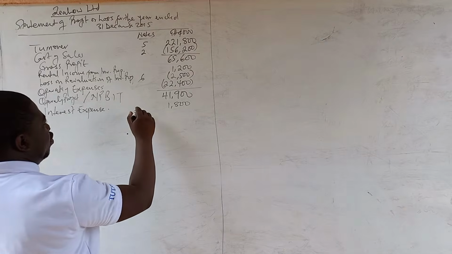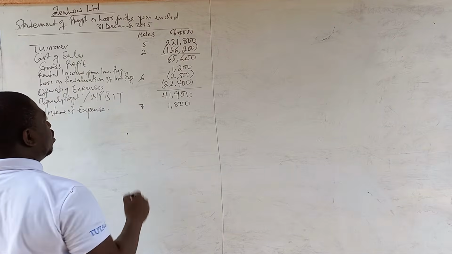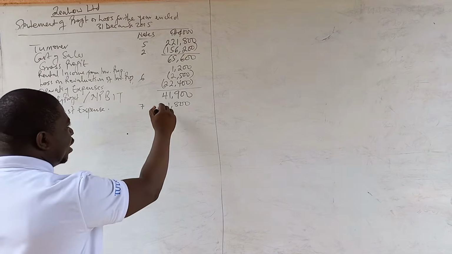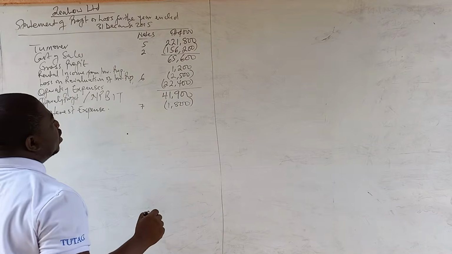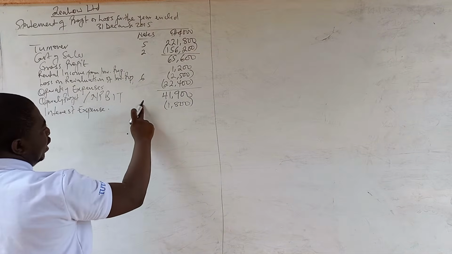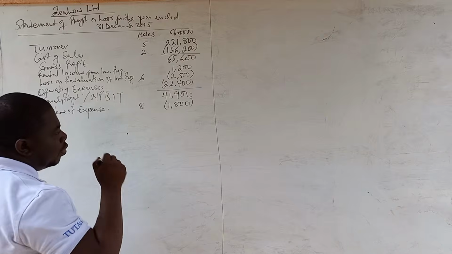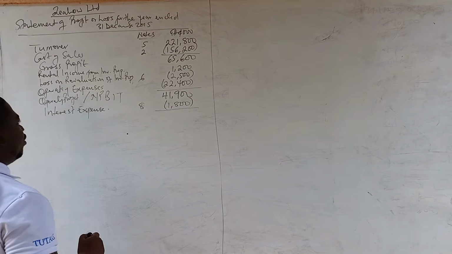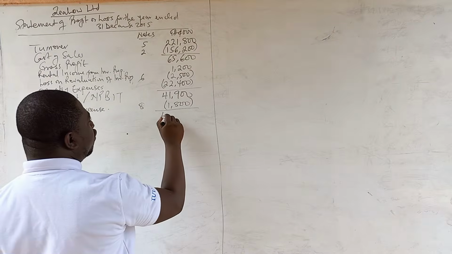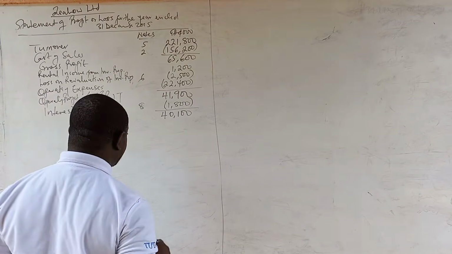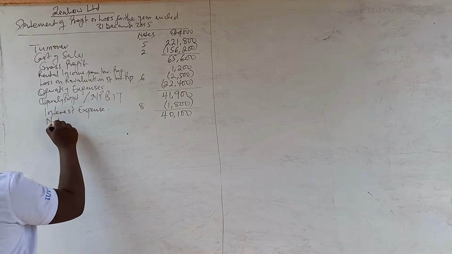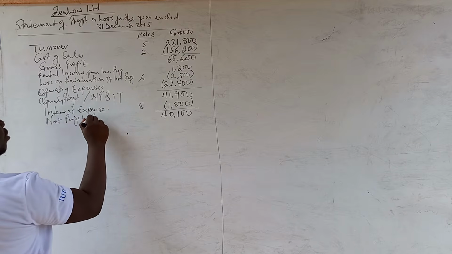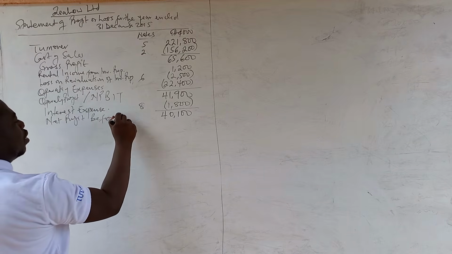We put that in brackets. So interest expense was done from working 8. So when we take out the interest expense, we have 40,100. That becomes your net profit before tax.